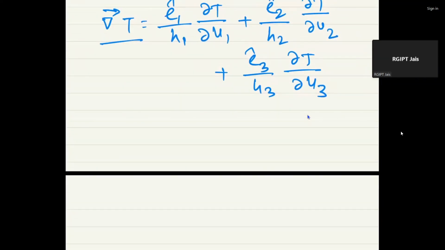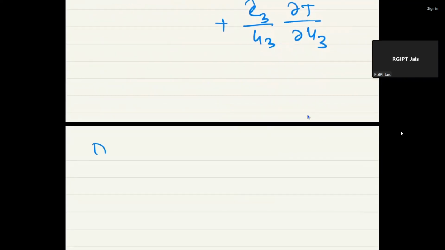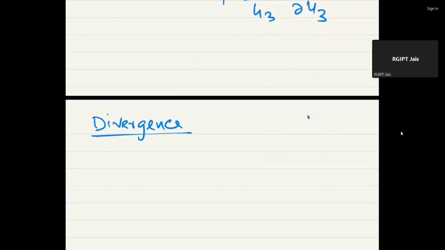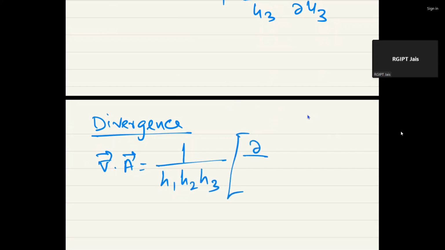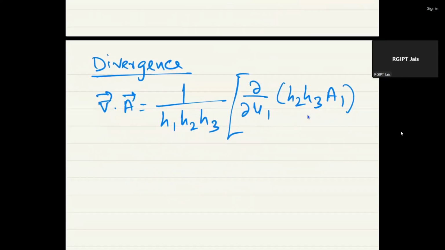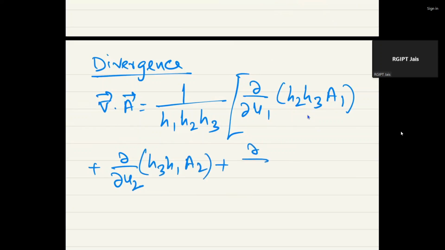Similarly, the expression for the divergence of A you can write as 1 by h1 h2 h3 times del u1 of h2 h3 A1 plus del u2 of h3 h1 A2 plus del u3 of h1 h2 A3.